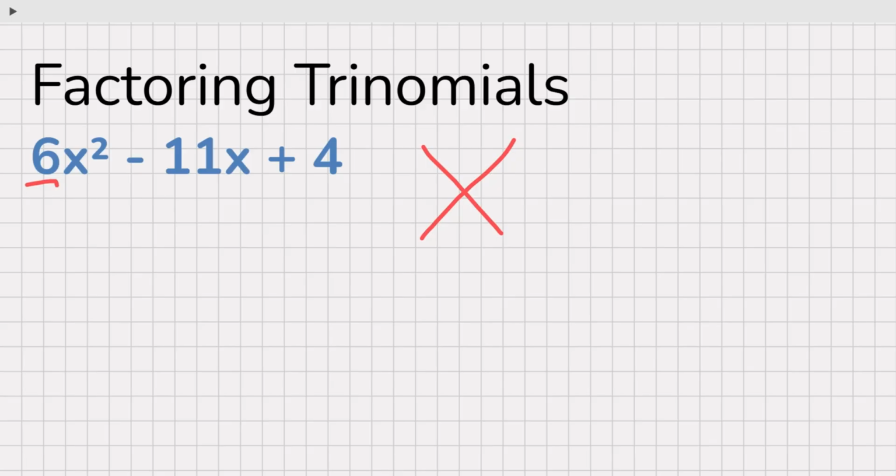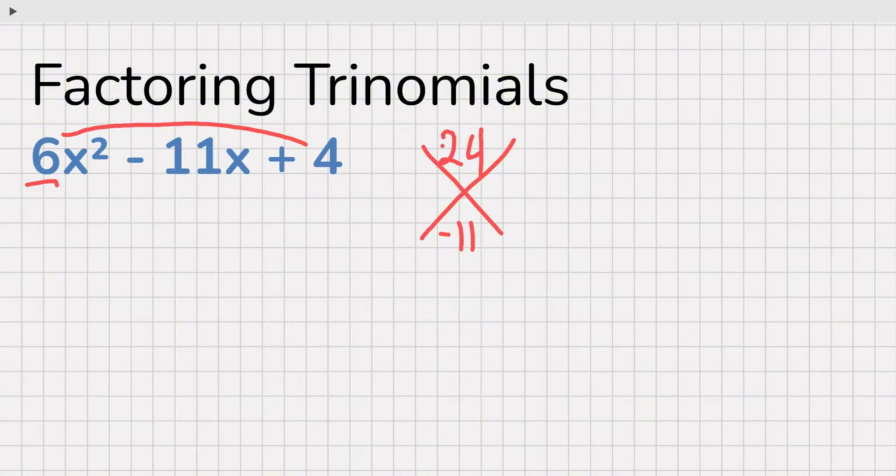Here, we're going to have to use the cross again. In the cross, you're going to look for numbers that multiply to get 24. Where did I get that 24? That is from a times c. And in the bottom, we're left with our value b of negative 11.